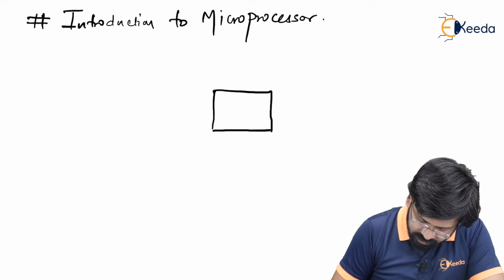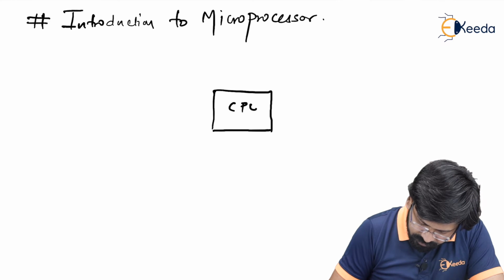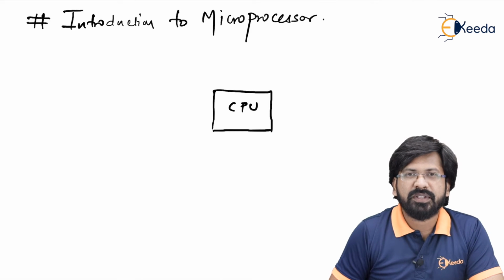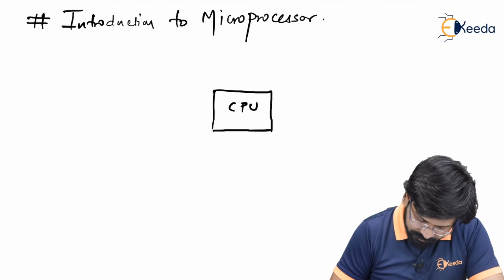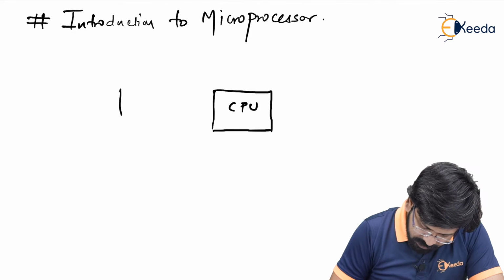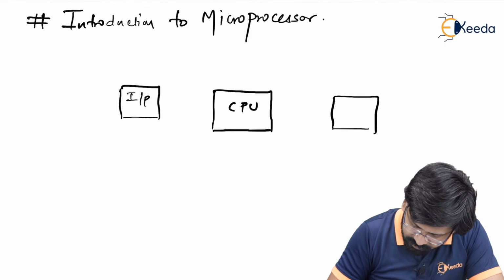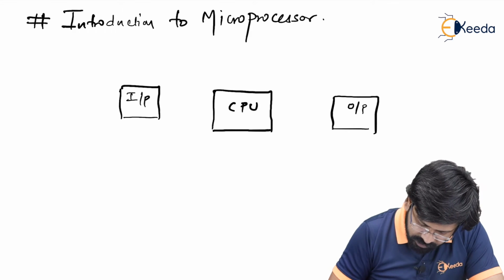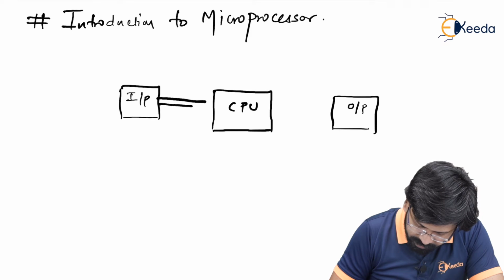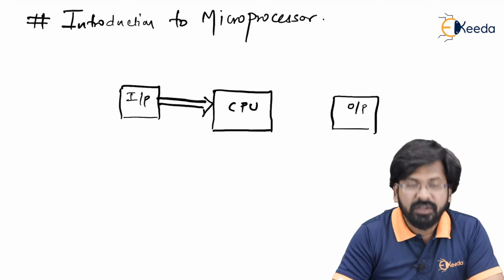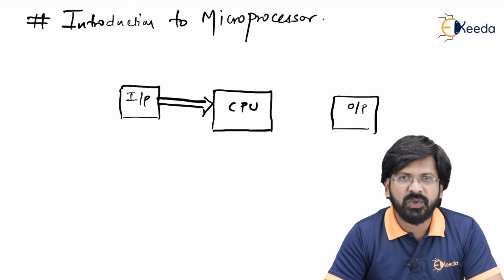The main element of the computer system is CPU. Then along with CPU, you have devices like input devices as well as output devices. Input devices will provide input data to CPU, which is called as central processing unit.